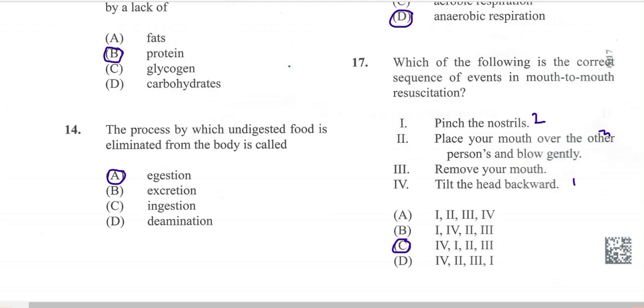The first thing we want to do is to tilt the head backward. Then we want to pinch the nostril. Then we want to place the mouth over the mouth of the affected person, and of course securely we do so. And the last thing is of course to remove the mouth. So our answer here is going to be C for question number 17.